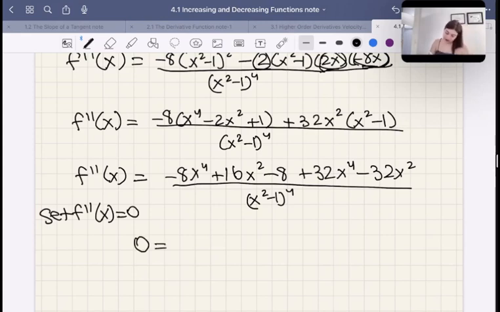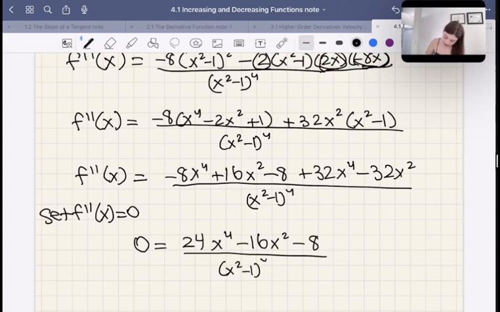And I'm also going to simplify this one step further and say we have 32 minus 8 as our coefficients for x to the power 4. So that's going to give us 24x to the power of 4. As you can tell, mental math is my strong suit. And then we have 16x squared minus 32x squared, which is negative 16x squared, and we add those up. And then minus 8, and that's all over x squared minus 1 to the power 4.